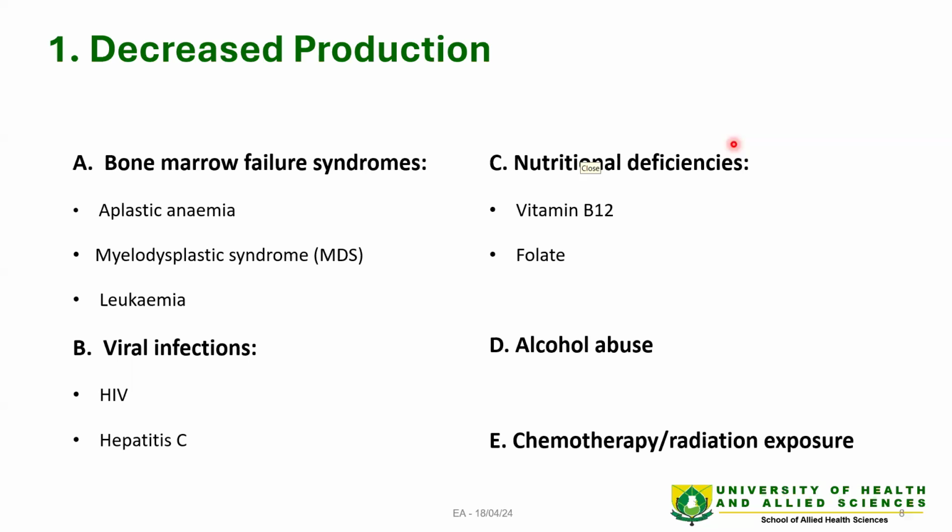And then radiation exposure would disrupt a lot of cellular processes, especially if it is in measures that are not controlled. So all these factors would result in a decreased production of platelets.